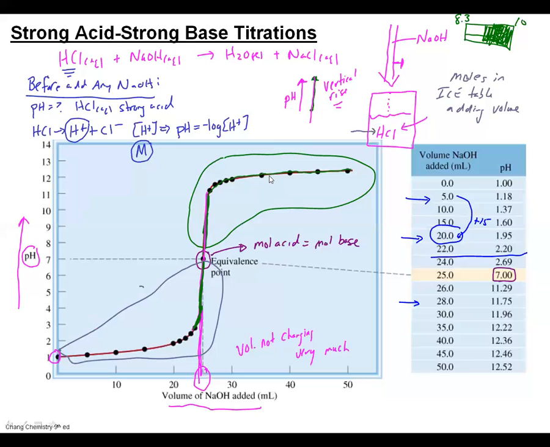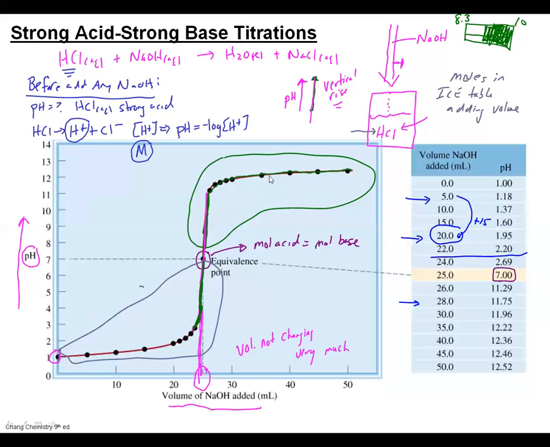All right, so let us get started here. Just to remind where we left off last time, we were talking about a titration of a strong acid and a strong base.